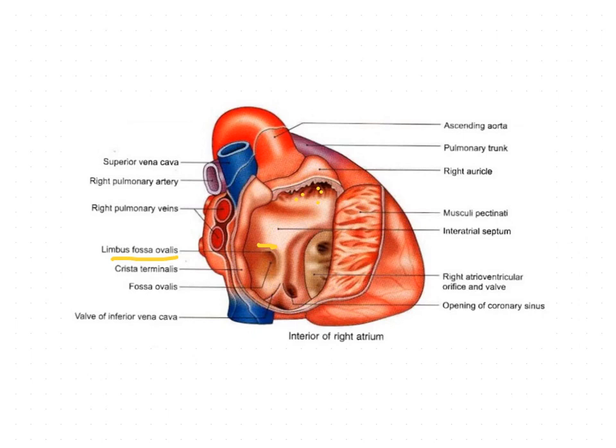So this is about the septal wall, and these are all the internal features of the right atrium. The internal surface of the right atrium is broadly classified into three parts: the smooth posterior part or sinus venarum, the rough anterior part or pectinate part including the auricle, and the septal wall.